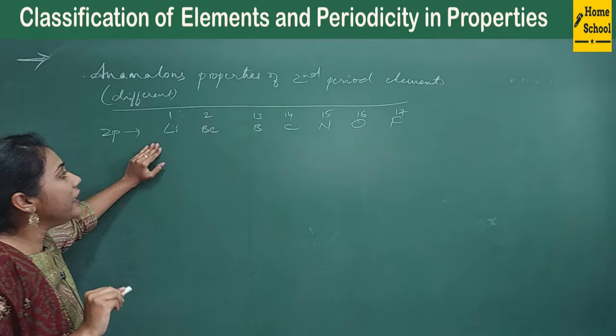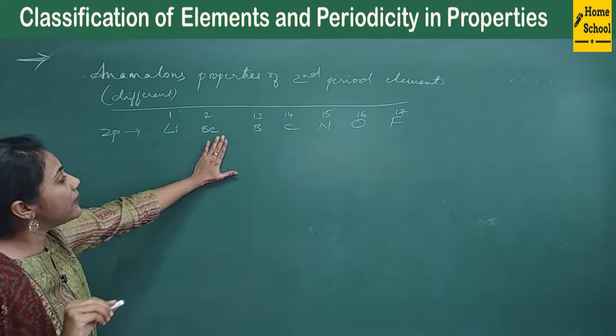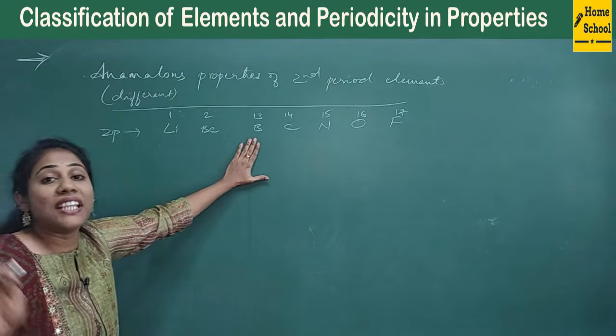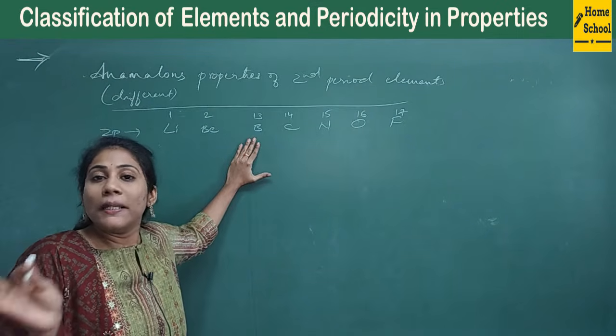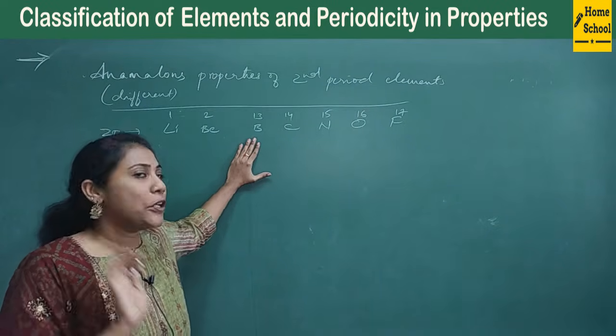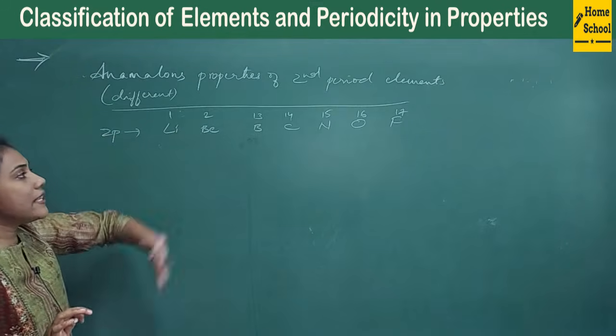Groups 3 to 12 are d-block elements, and you don't find any d-block element in the second period. So concentrate on these elements.